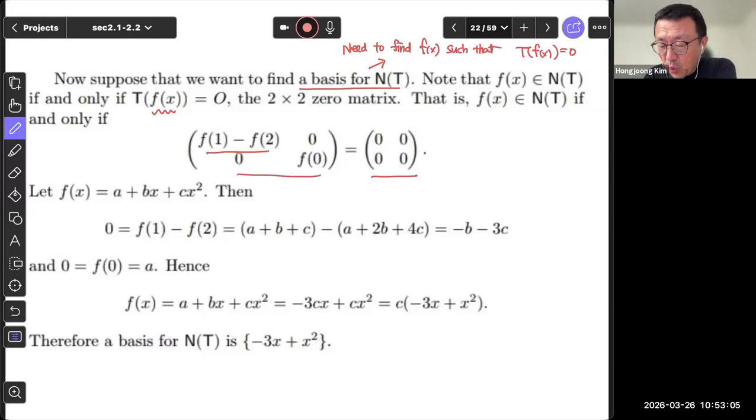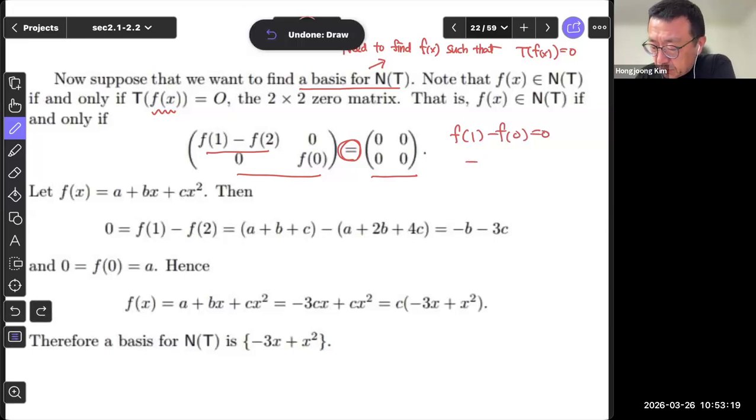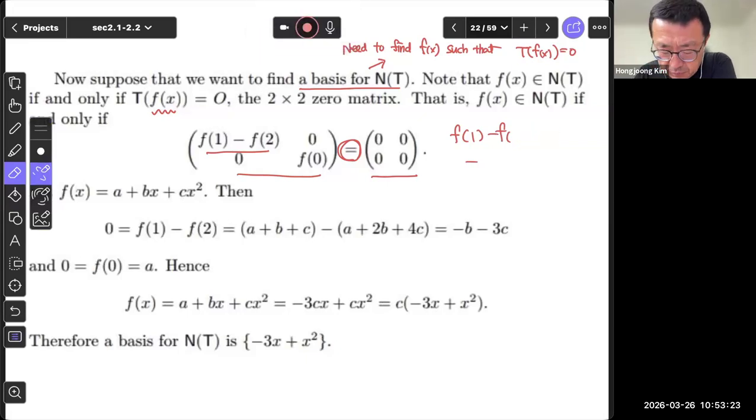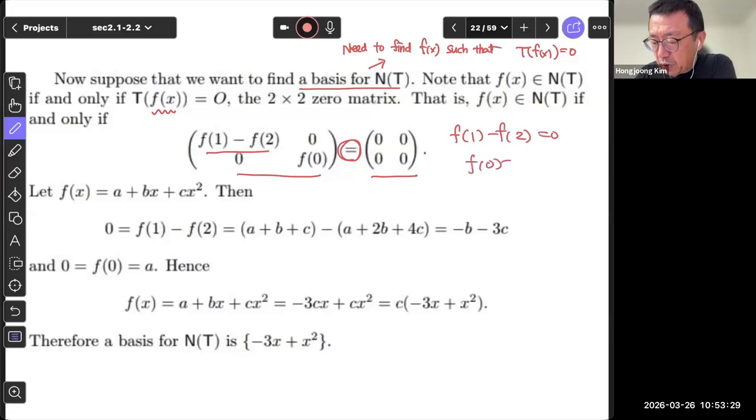So the equality implies that the corresponding entries are equal. So that means f1 minus f2 is 0 and f of 0 is 0.